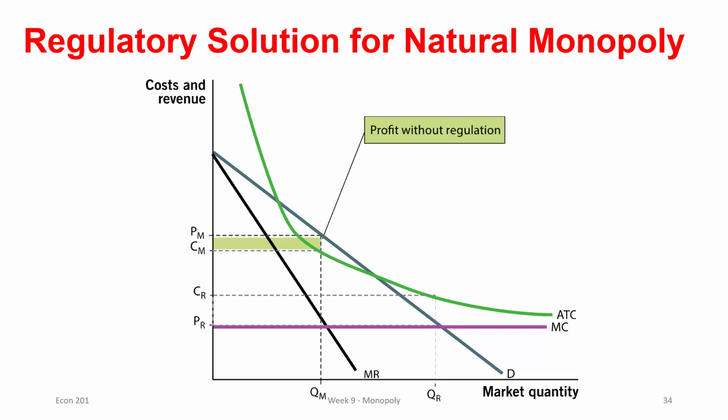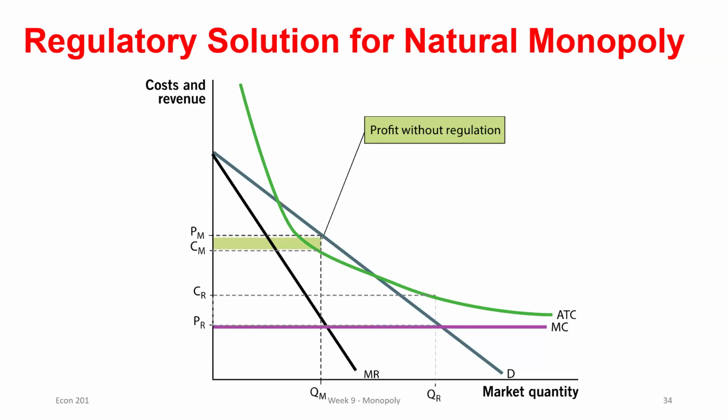I could use a price ceiling. If I put a price ceiling right here, right? So here's my price ceiling. I've lowered the price. Essentially, how much would they be willing to produce?